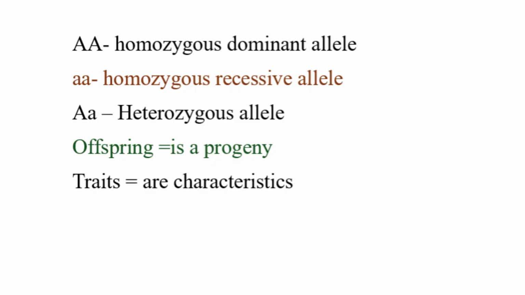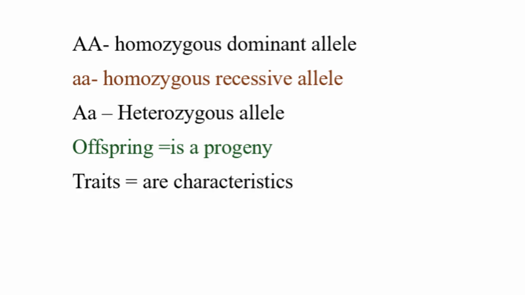That's homozygous dominant. Then homozygous recessive, that's when we have two identical small letters, for example small b small b, and that is homozygous recessive.